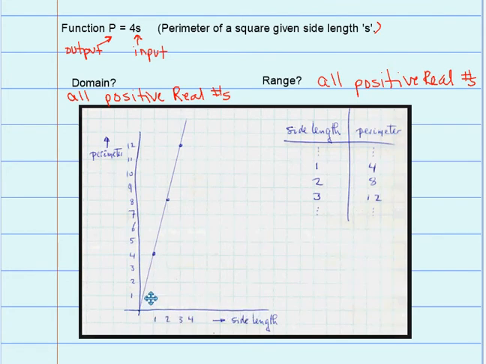Side length here, perimeter on the y-axis, and you can see that we never go negative, and it's always going to go up. We can continue going this direction, all positive real numbers, and we will just increase our values up the y-axis. This type of function is a continuous function.